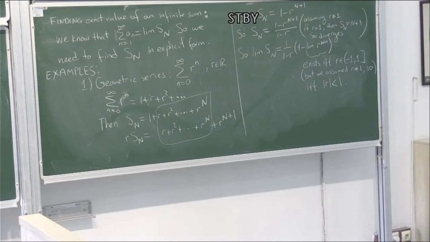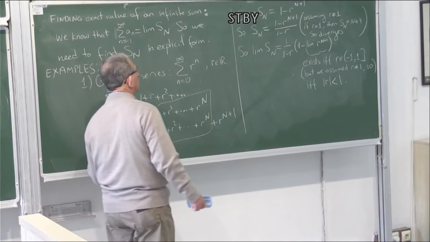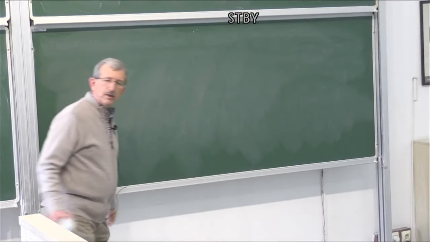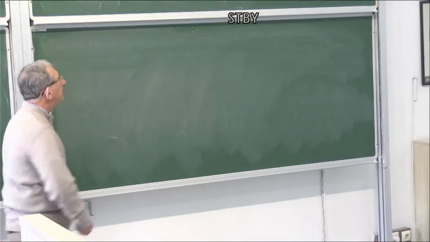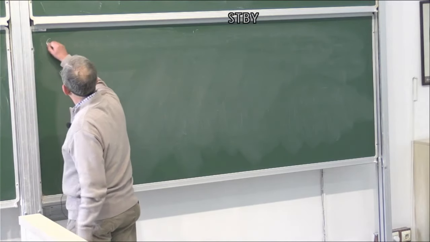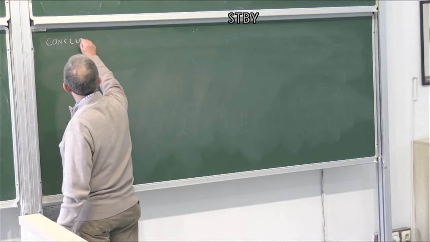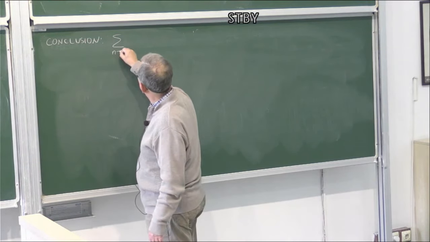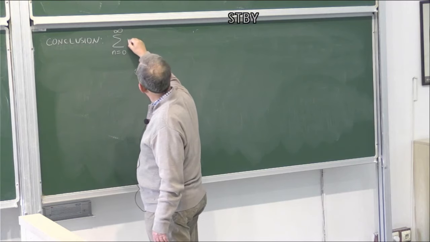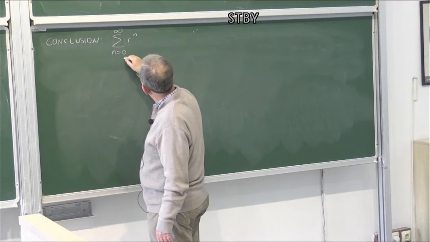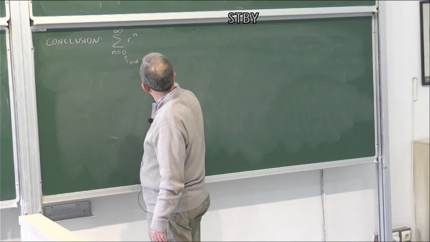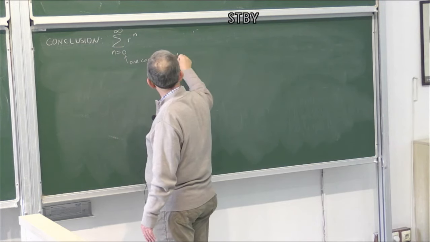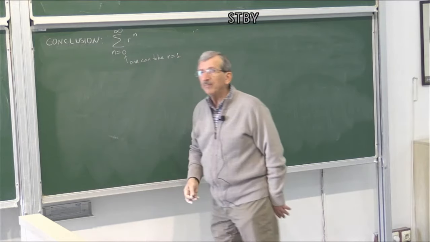Okay. Let me formulate this in other words. So we conclude that a geometric series, okay, here one can take n equal to 1 or whatever, it doesn't matter.